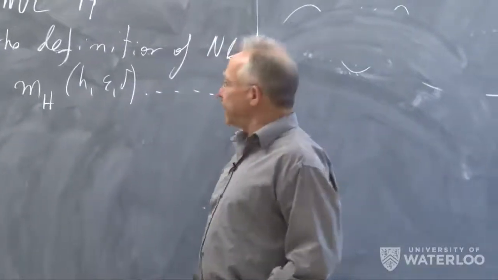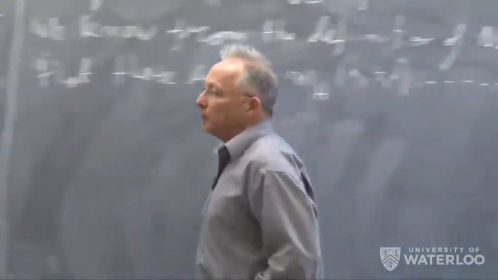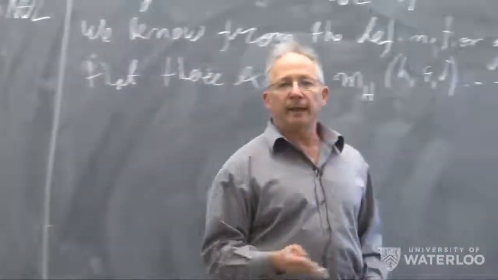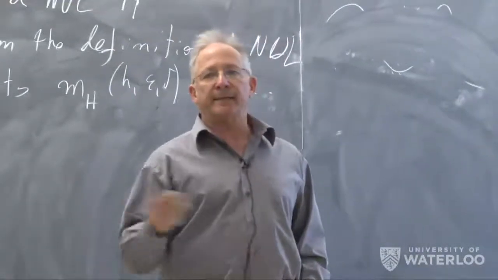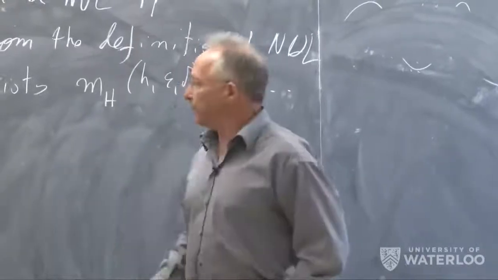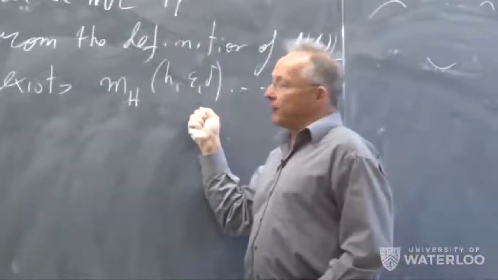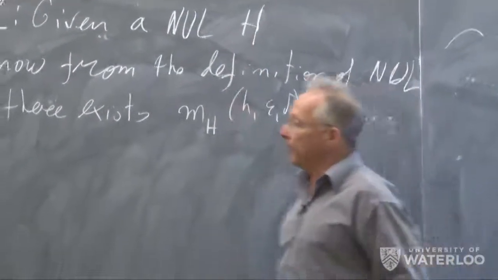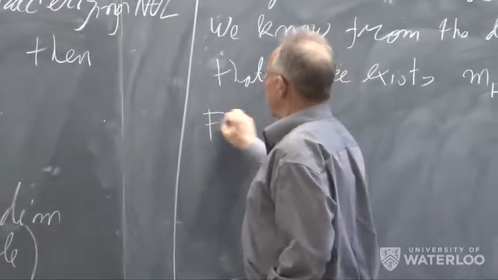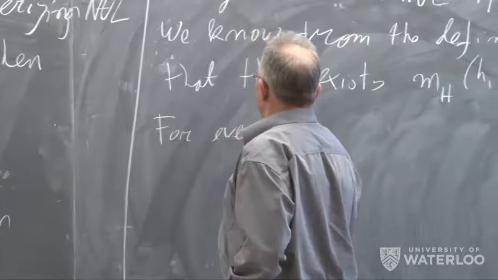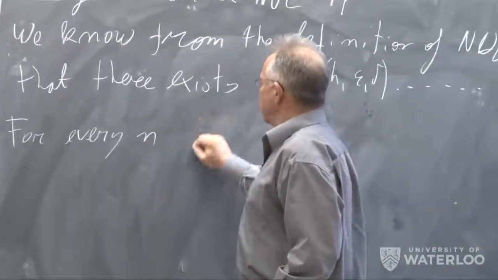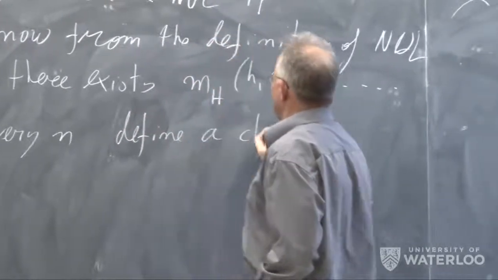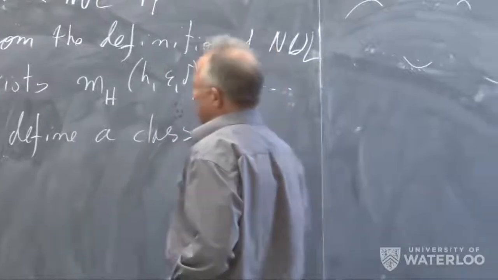I'm going to use this function, guaranteed by the definition of non-uniform learnability of this H, to define how to slice H into smaller classes that each have a finite VC dimension. So now define, for every n, a class Hn.